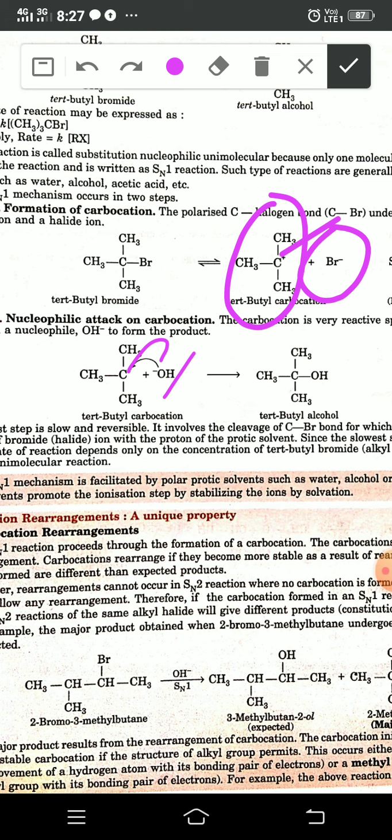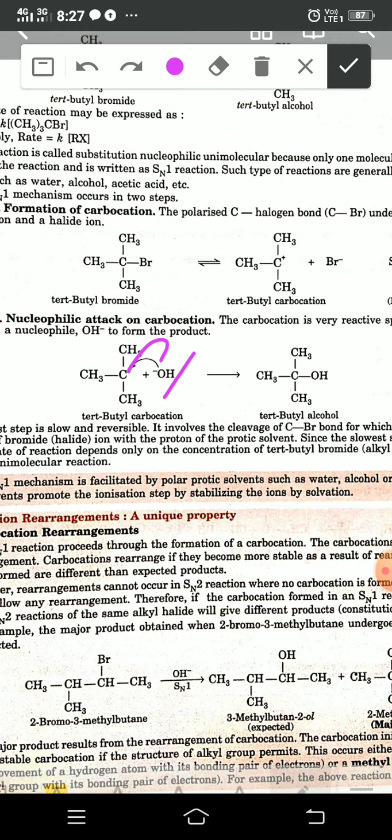One will be dextrorotatory, another will be levorotatory, and they will be 50-50%, because the carbocation is planar in structure. All the alkyl groups are in one plane. So this bromine atom can attack this carbon atom from either of the two sides.